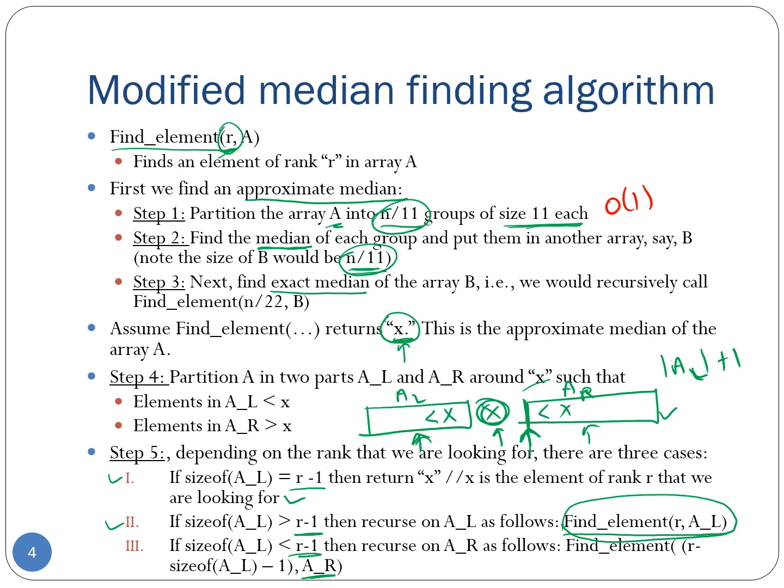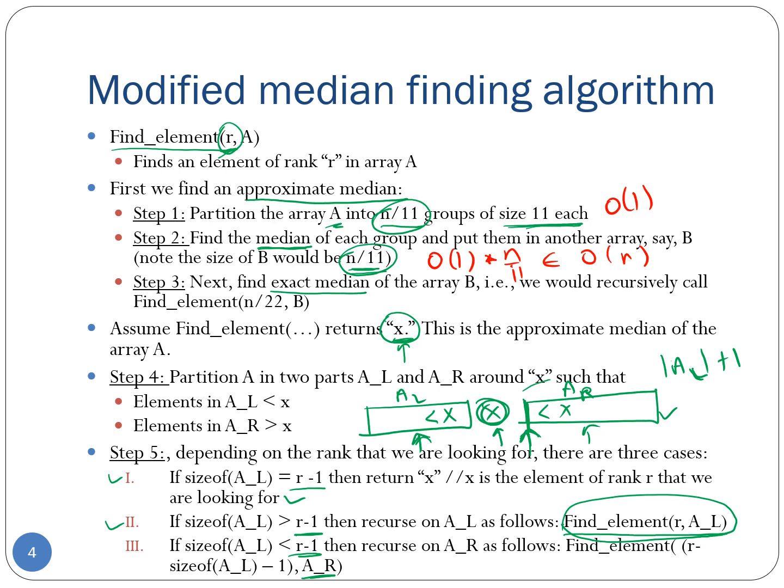The second step is finding the median of each of these n by 11 groups, where each group has a fixed size of at most 11. So finding the median of 11 elements is an order 1 operation, but because this has to be done for n by 11 groups, this will take order 1 into n by 11, which is basically O of n time total.